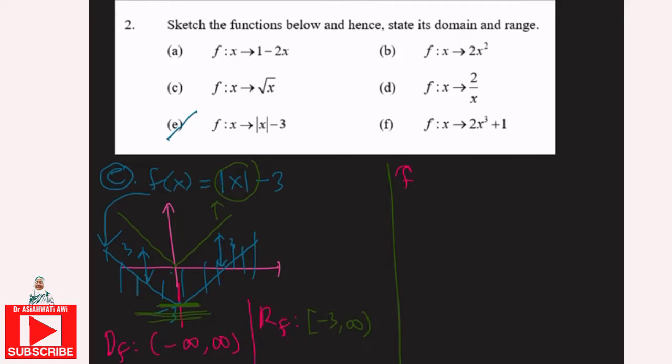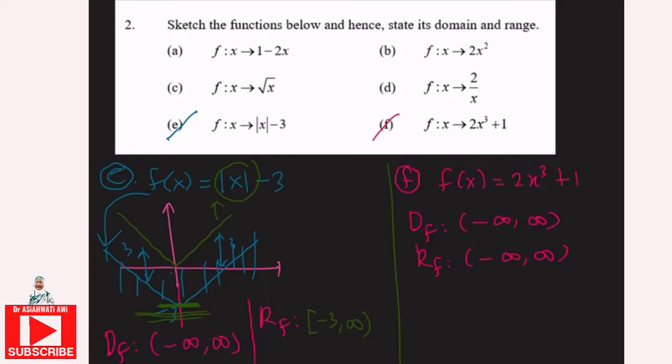For 2f, f(x) is equal to 2x cubed plus 1. For a polynomial with an odd power, the domain is confirmed to be real numbers, and the range is also real numbers.